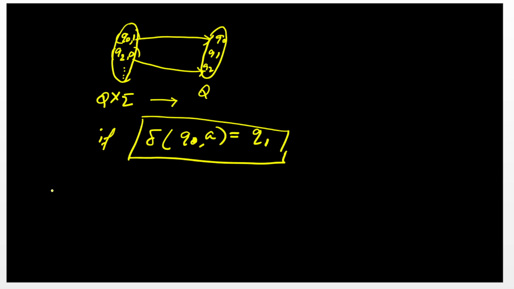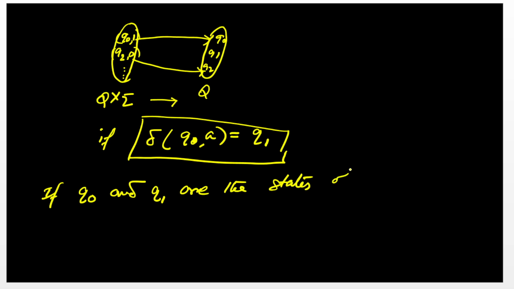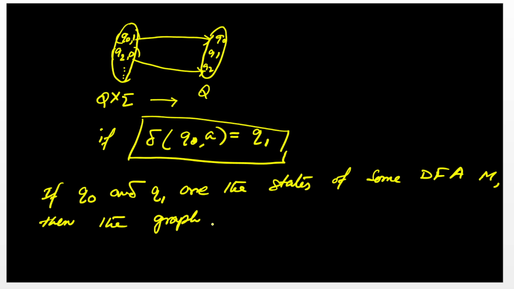That is, if Q naught and Q1 are the internal states of some DFA, deterministic finite automata, suppose the machine is M, then the transition graph, which is a directed graph, can be represented like this.